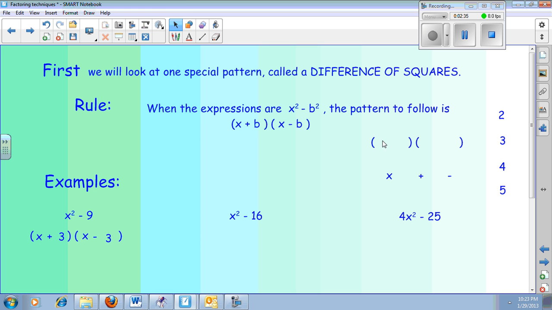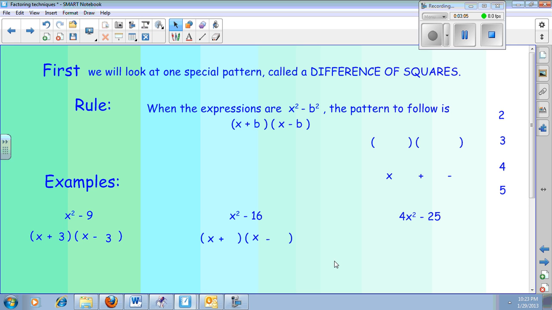Let's look at the second example. The second example is x squared minus 16. We'll start with the parentheses again, and then we're going to put our x and our x. Since our first term is x squared, that's how they always start. Now, following the pattern, because it doesn't have that middle term, we're going to put plus in one binomial and minus in the other binomial.